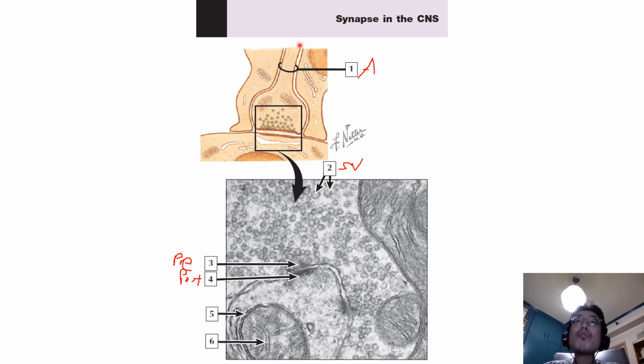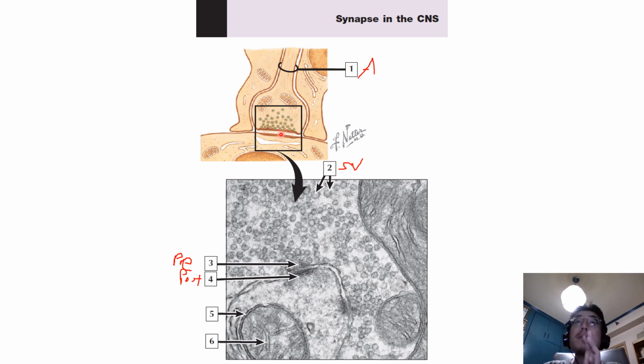With arrival of the action potential, the synaptic vesicles, which are shown here in the electromicrograph as number 2, fuse with the presynaptic membrane, shown here in number 3, and when they fuse with the presynaptic membrane, they discharge their content of neurotransmitters into the synaptic cleft, which is the space between the pre and the postsynaptic membranes.